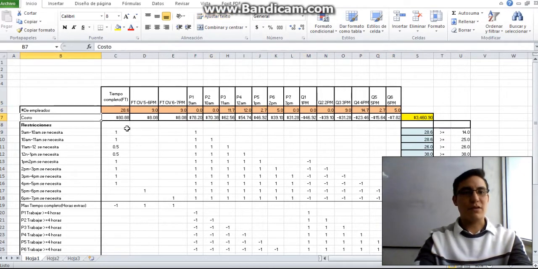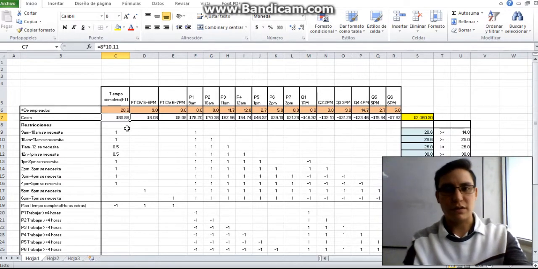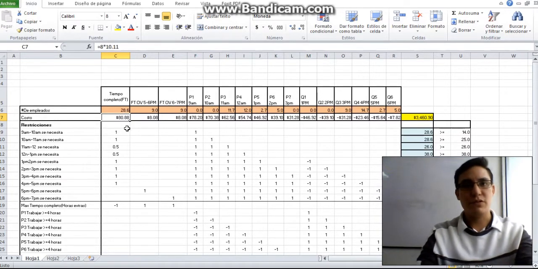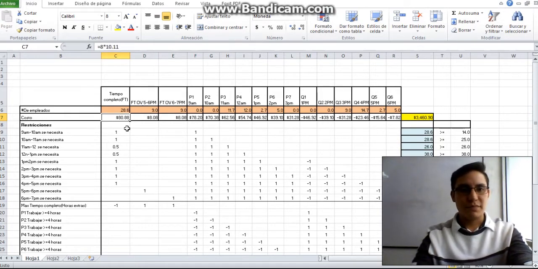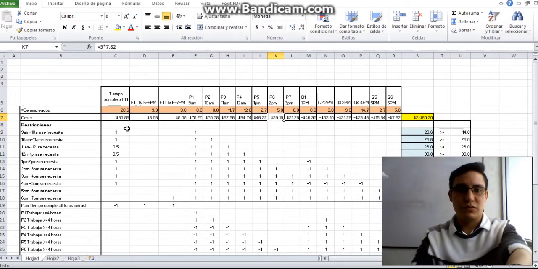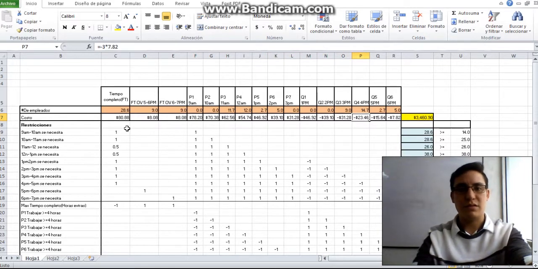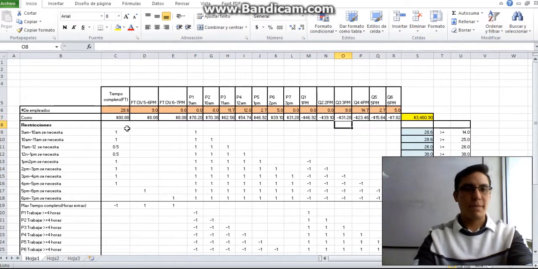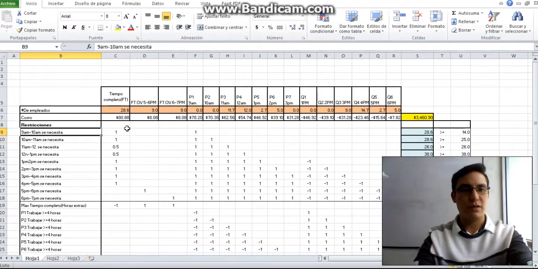The costs are established with the objective function. These are the values of the cost, the objective function. The constraints are here.